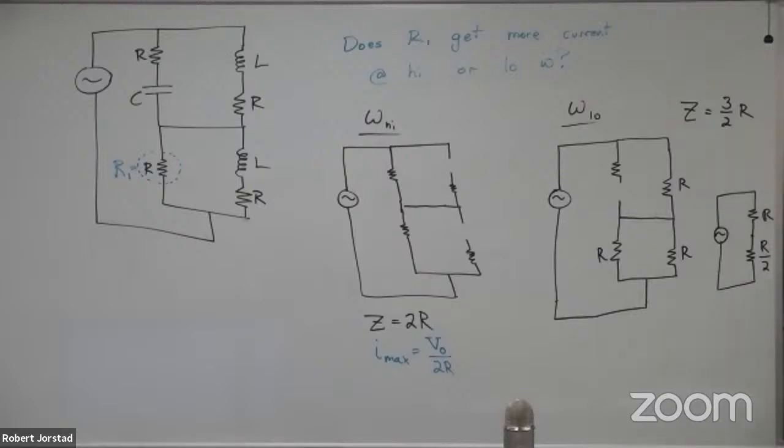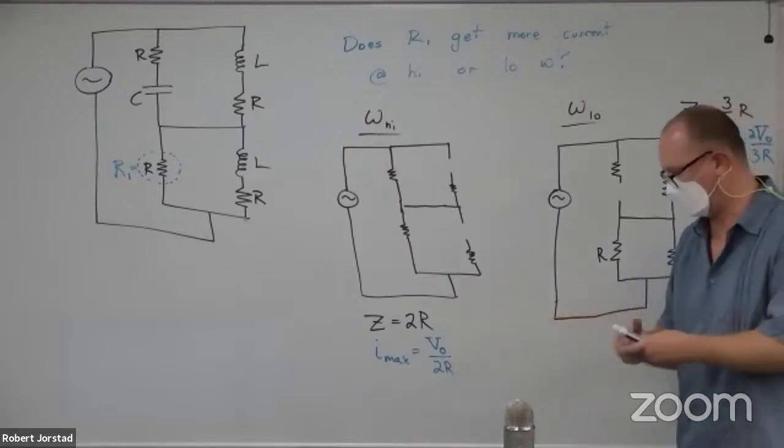So what's I max total? Yeah, it's V naught divided by that, which is 2/3. Is that right? Is that more or less current amplitude? That's more current amplitude, right?